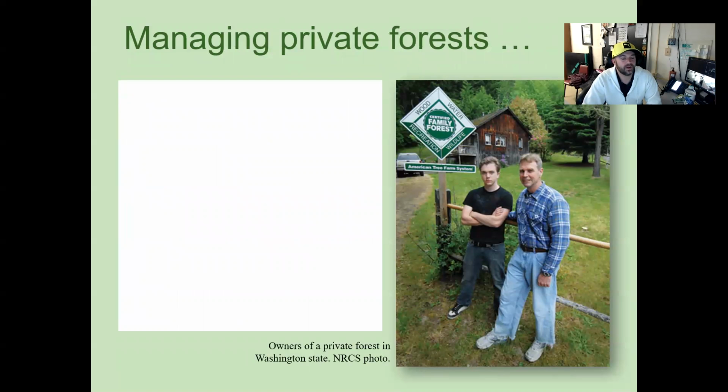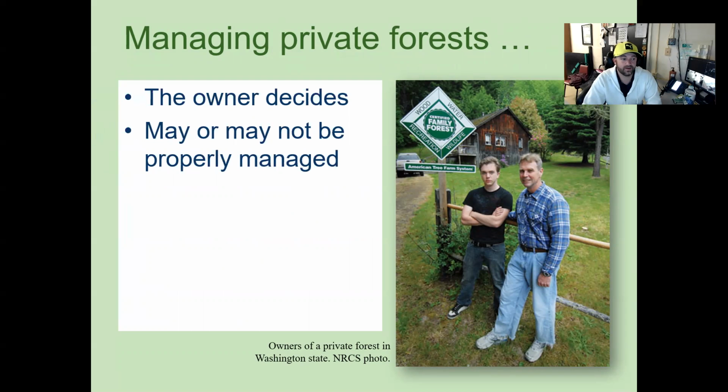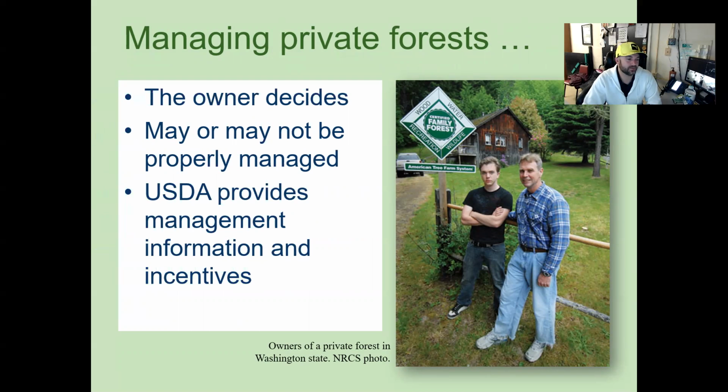And then managing private forest, it's basically all owner decided. So they can clear cut the entire forest or only take out portions at a time or do nothing at all with it. May or may not be properly managed. USDA provides management information and incentives.